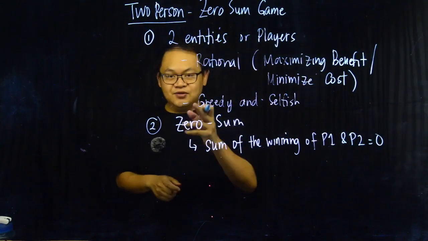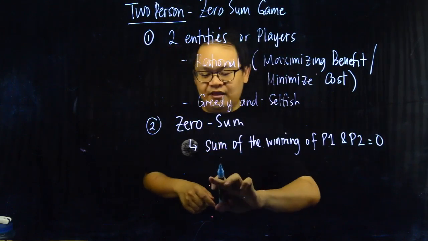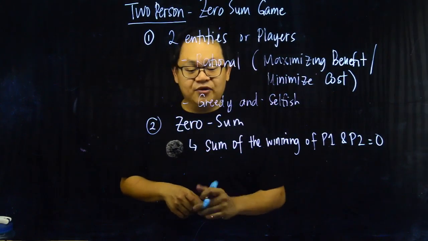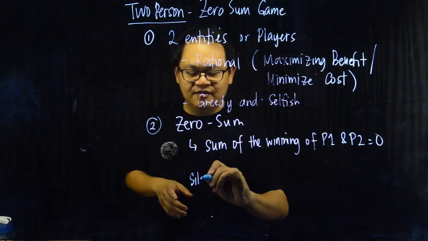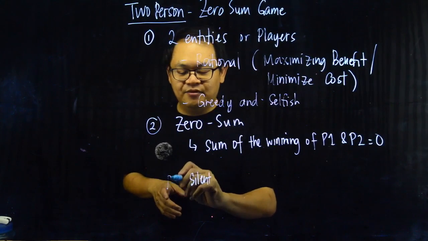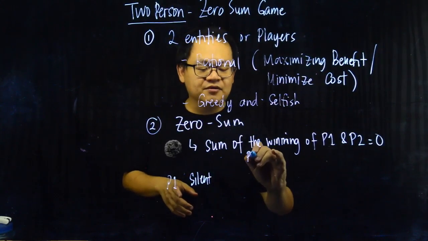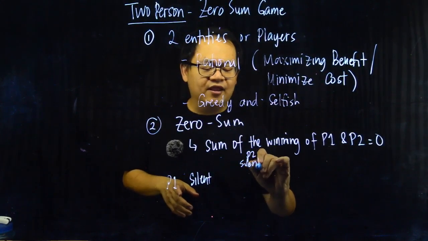Okay? As you can see a while ago in the example of the prisoner's dilemma, if you remember, staying silent for prisoner A, prisoner number 1, and prisoner number 2 staying silent as well, no?